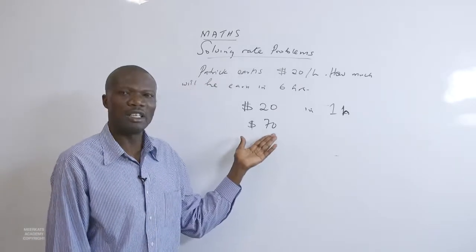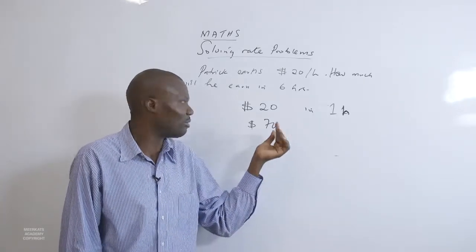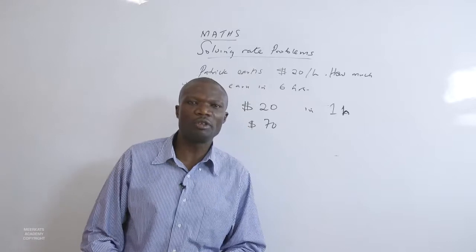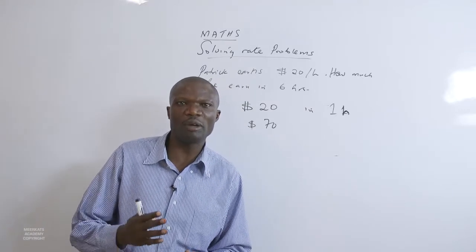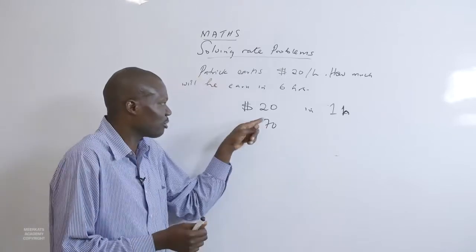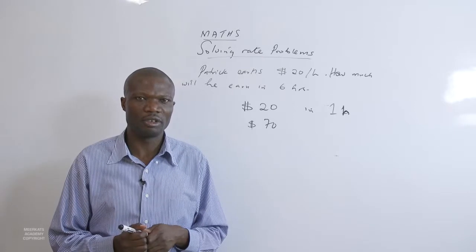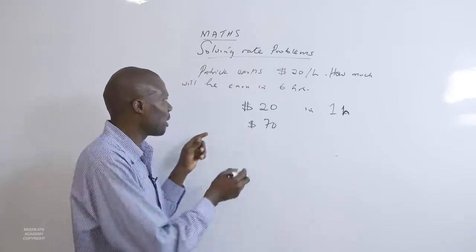Just take the new value that you have been given of 70, divide by the original value of $20. It will give you the multiple factor. So the multiplier in this case for us to attain this, we should have multiplied by something.